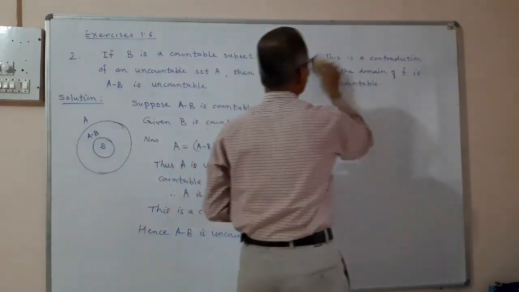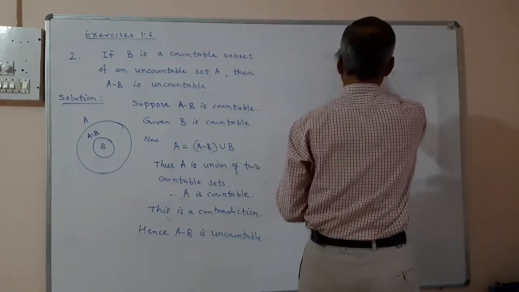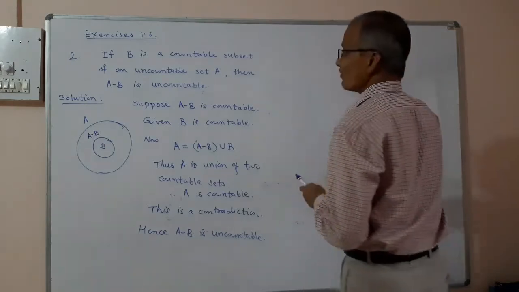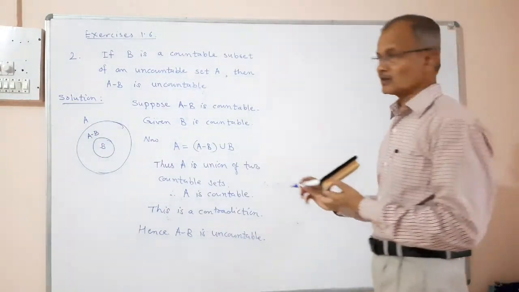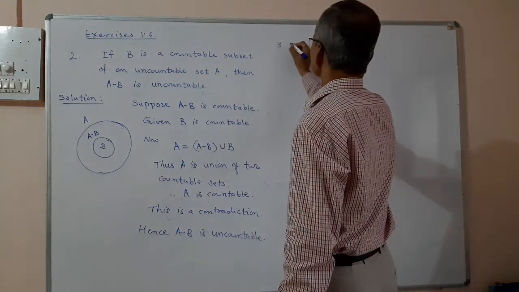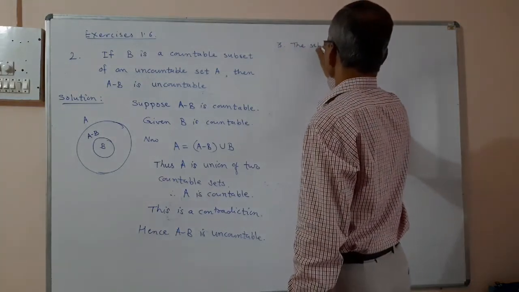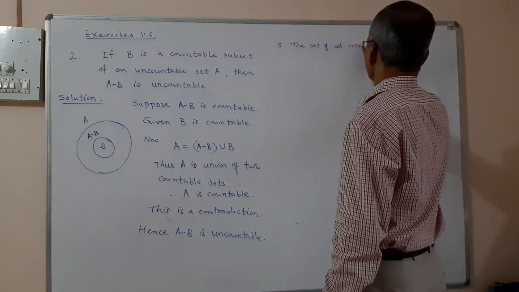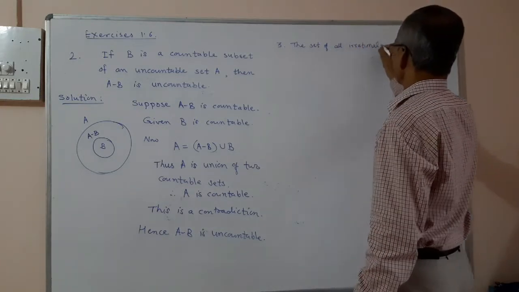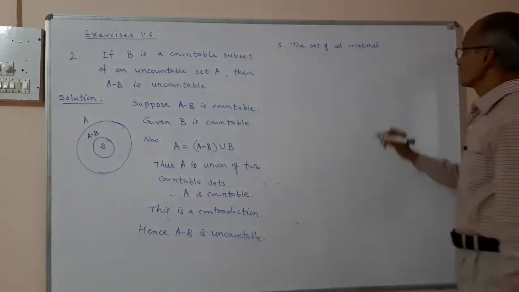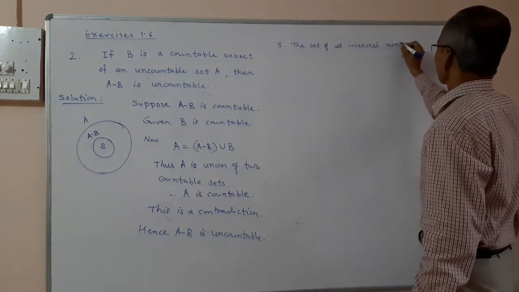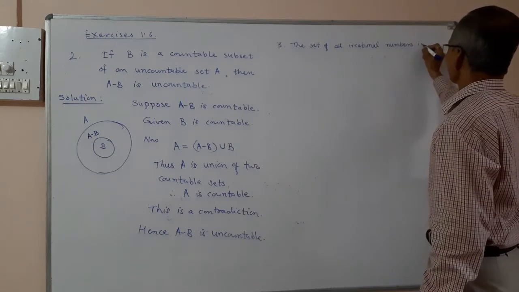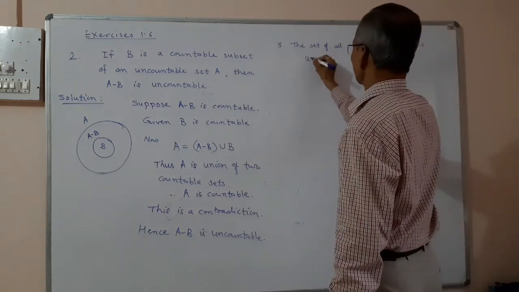Now you see one more result. The third example is: the set of all irrational numbers is uncountable.